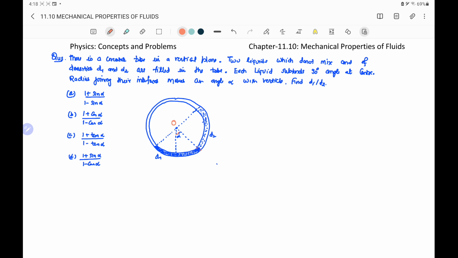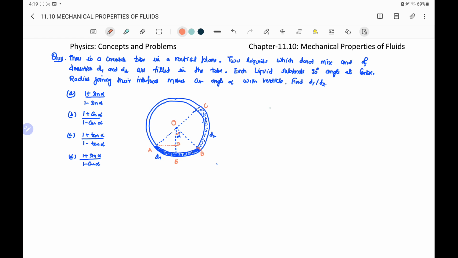Suppose the liquid having the density d1 has the length A to B, and it makes angle 90° at the center, and B is the interface of the two liquids of densities d1 and d2, and the d2 liquid has the endpoints B and C. If we drop the perpendicular from A on the vertical line and it meets at the point D, the height of the liquid column on the left hand side will be equal to DE.